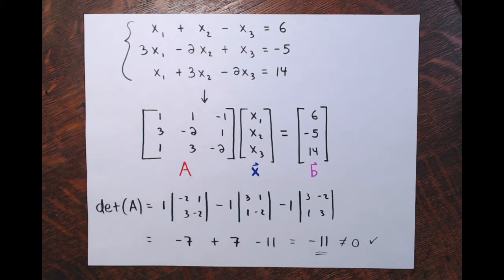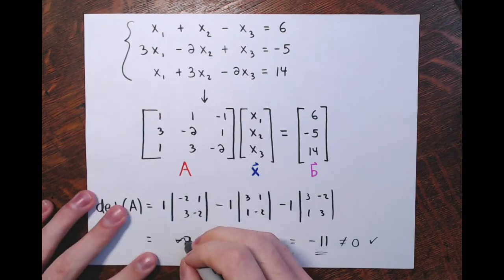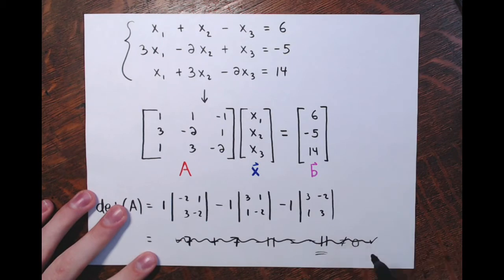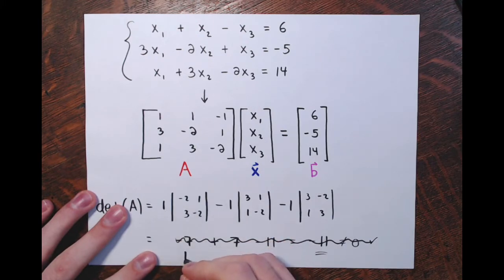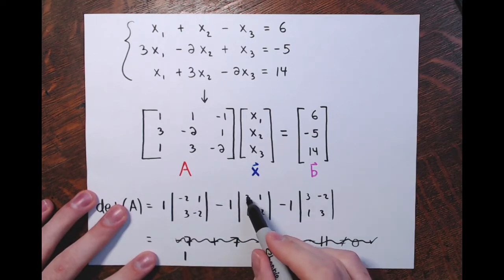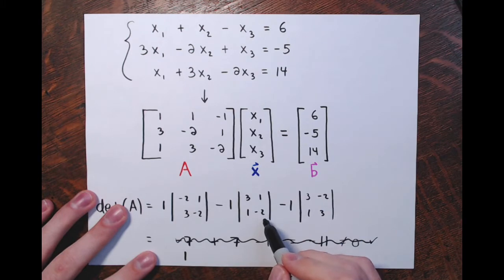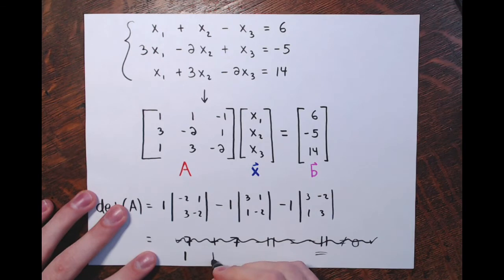Oop, no it's not. Sorry, I just saw an error. This is not negative 7, I apologize. This is positive 4 minus 3, that's 1. So not negative 7. My apologies. Let me double check the other ones. Negative 6 minus 1 is negative 7, and then plus 7.